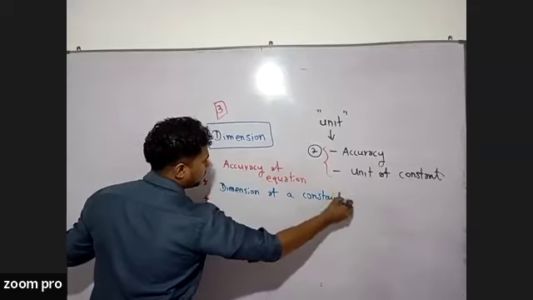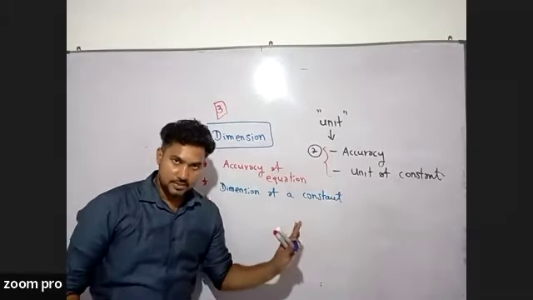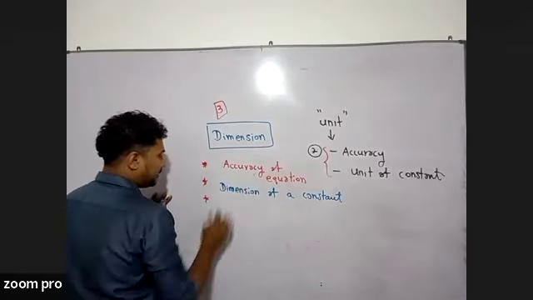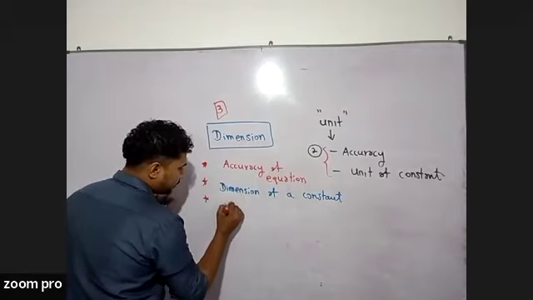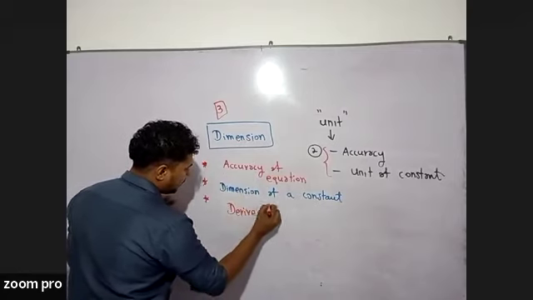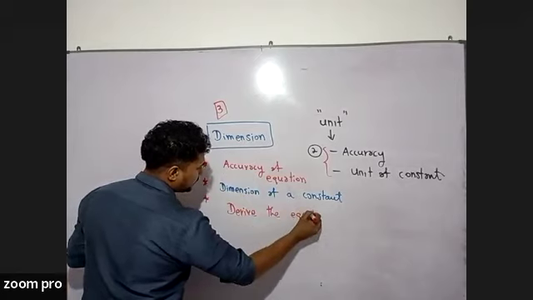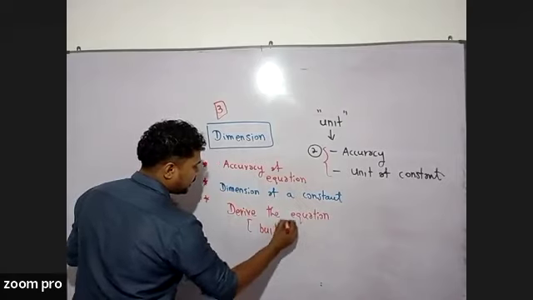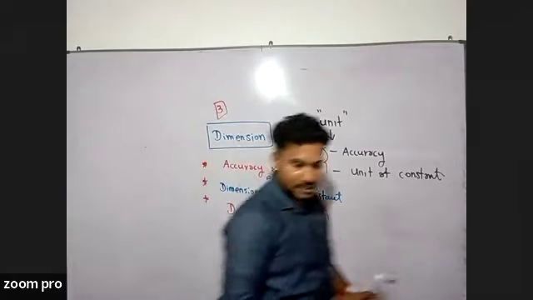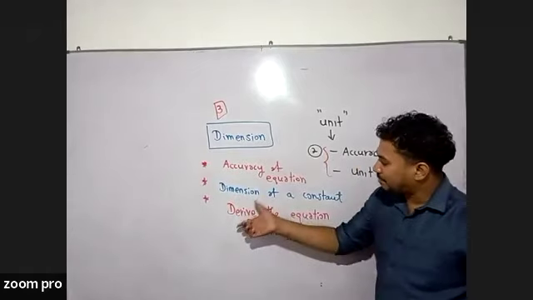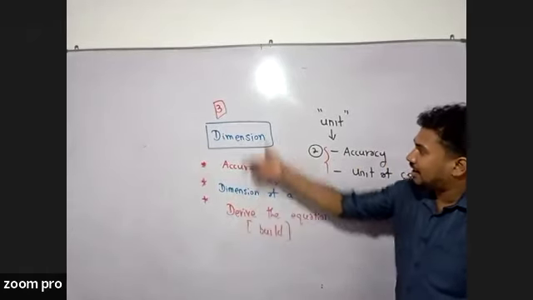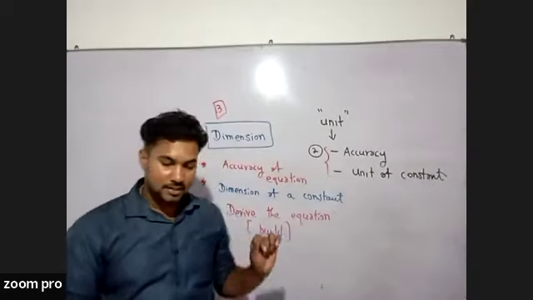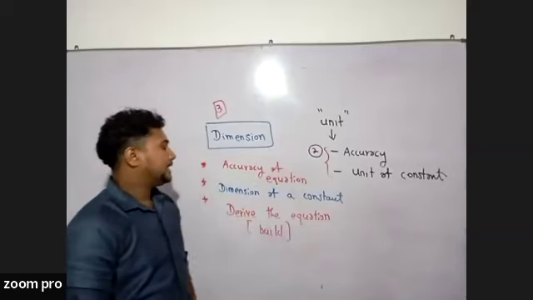And the third and most important thing is that we can derive the equation, or build up the equation, by using dimensions. So this is the main function of dimensions. Let's put these three importances down.